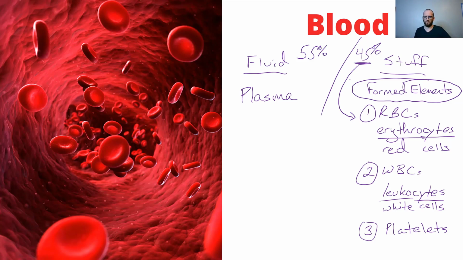Platelets, there's a lot of platelets, but they're super, super tiny comparatively. So red blood cells, white blood cells, and platelets are about 45% of your total blood volume. The fluid, the plasma, is about 55%. So it's about a 55-45 split.